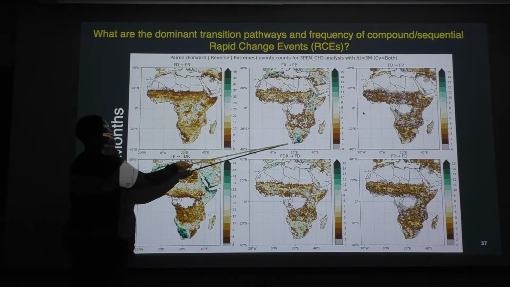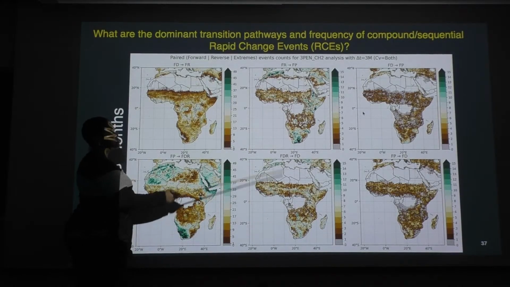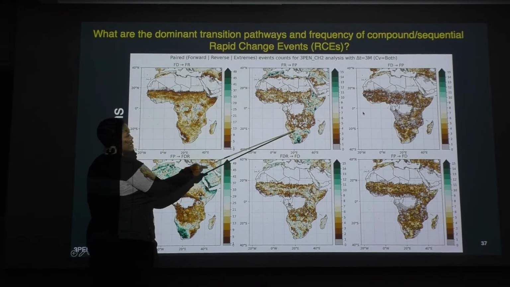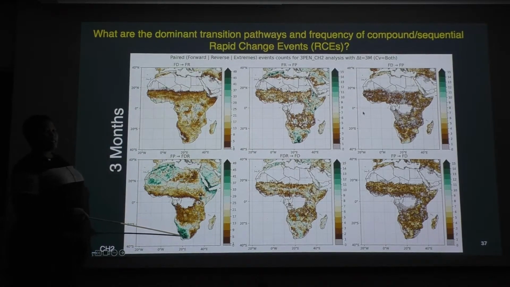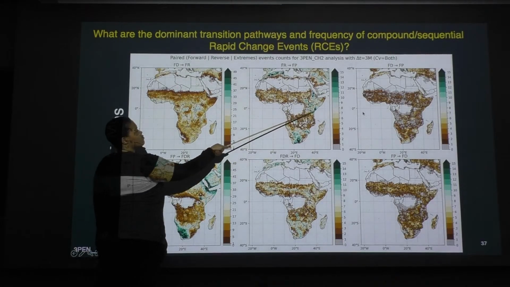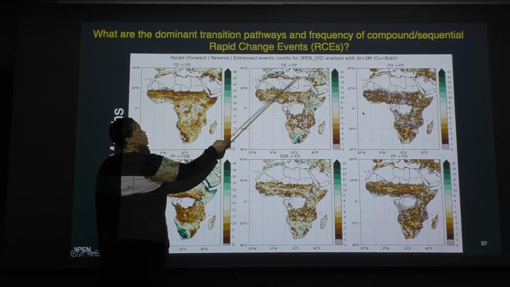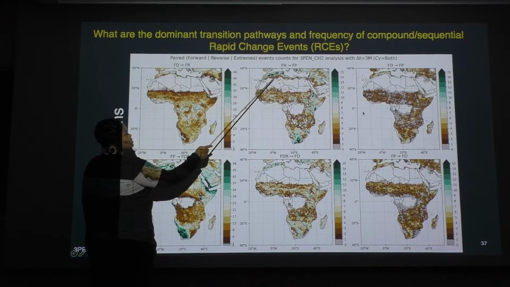And the same thing is happening now as we move from flash recovery, which is the normal state, going to flash pluvial. We can see the same thing: the wet state transition is happening over the Greater Horn of Africa, and it now extends and concentrates itself in the Mediterranean areas.